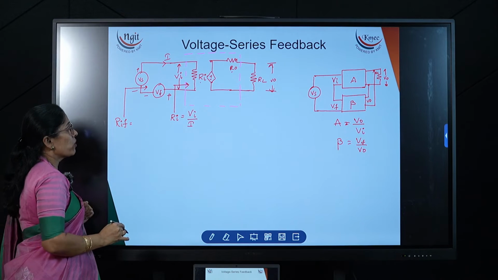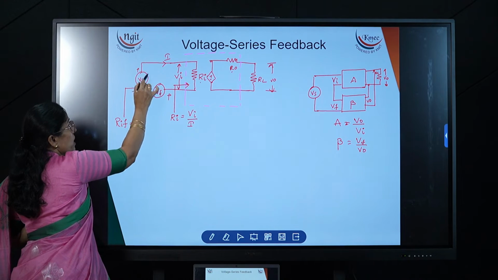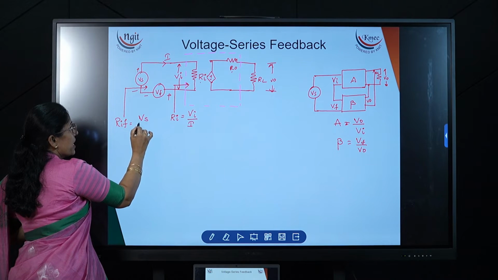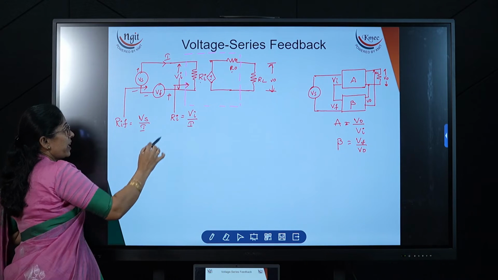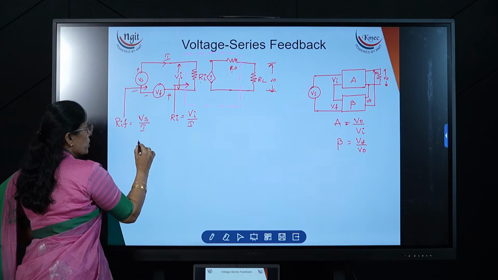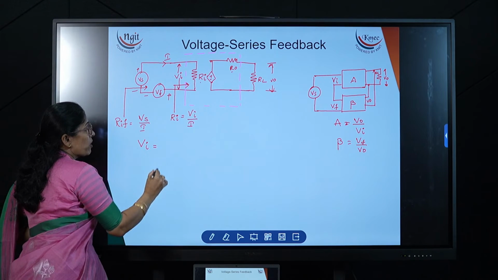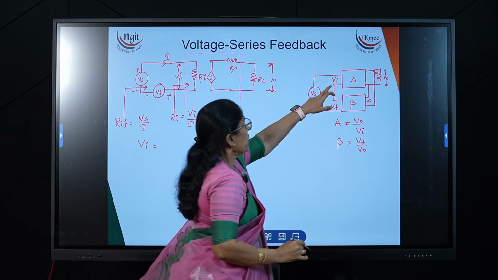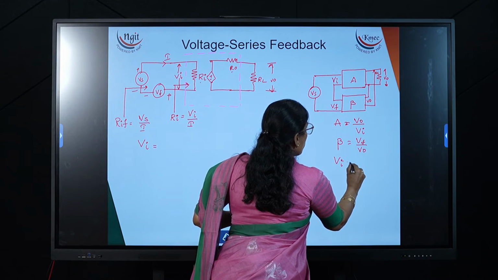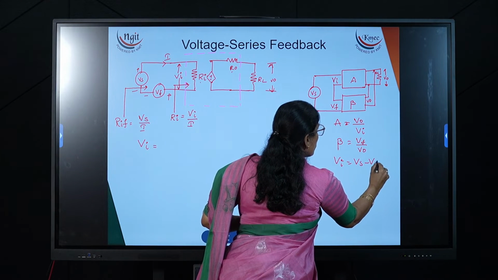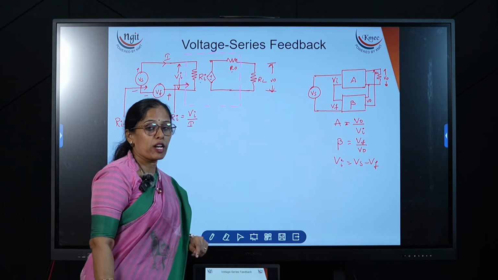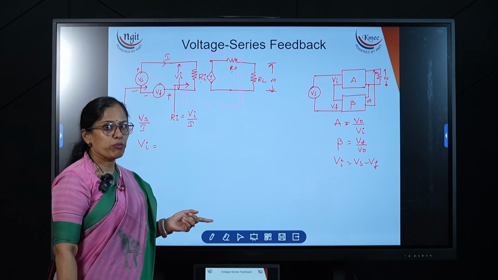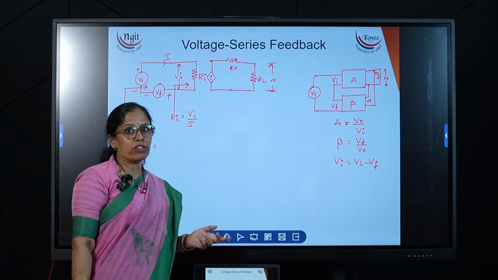So what is the resistance with feedback? Looking from here, the voltage is Vs and the current is I. Now if I write the expression for Vi, since this is negative feedback, Vi is equal to Vs minus Vf. The feedback we apply is subtracted from the input, or it is out of phase with the input.